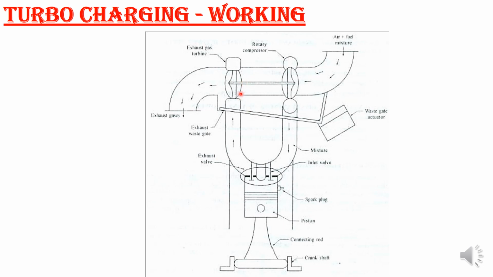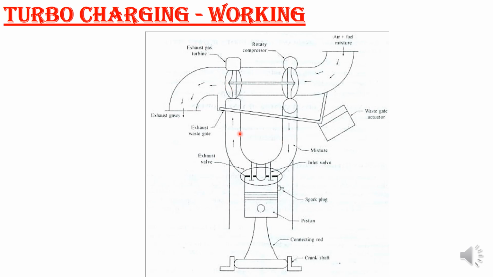The movement of the turbine wheel rotates the shaft, which rotates the impeller of the compressor. A part of this air goes to the seal outside the turbine, because sometimes leakage might be a problem.